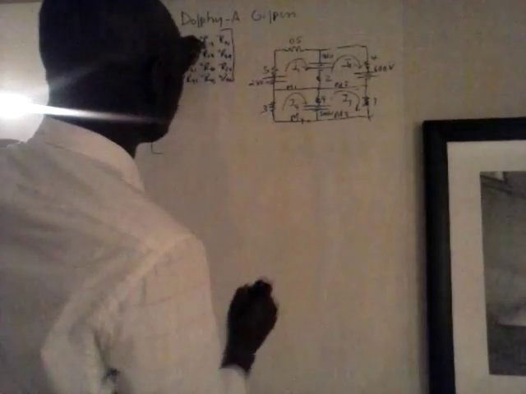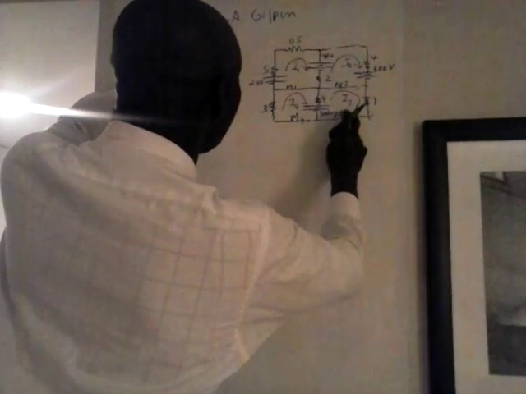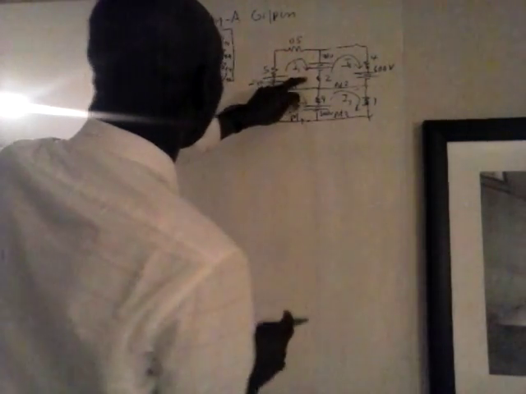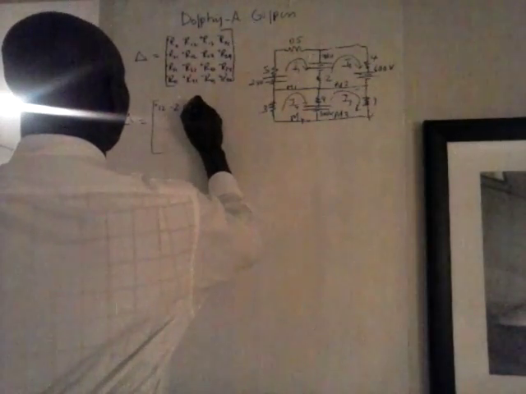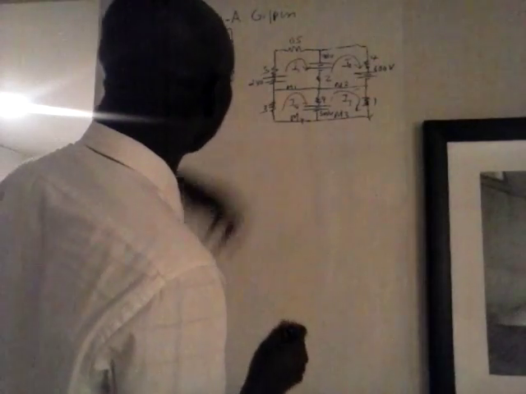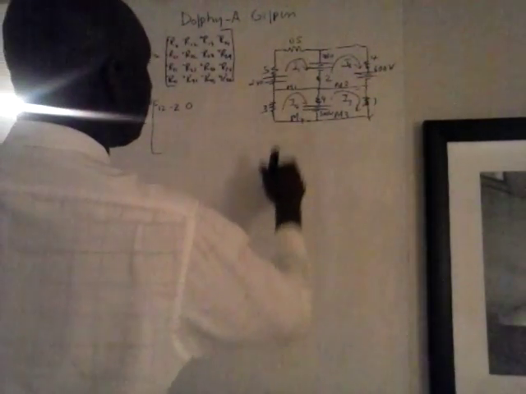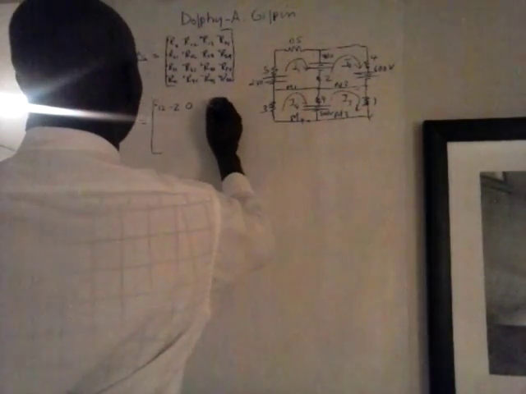And R13, in the common of the first and the third mesh, there's nothing common in the first and the third mesh here, so that will be 0. And R14, there's nothing common in the 1 and 4 either. This is 4th and this is 1, so that will also be 0.